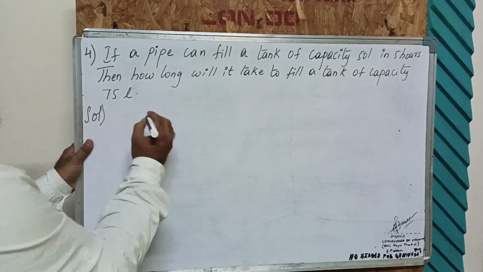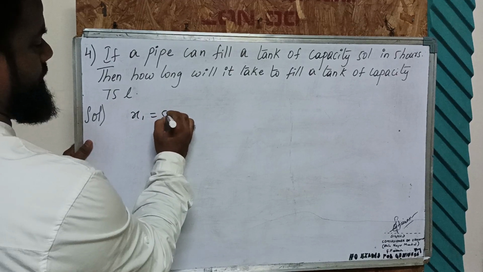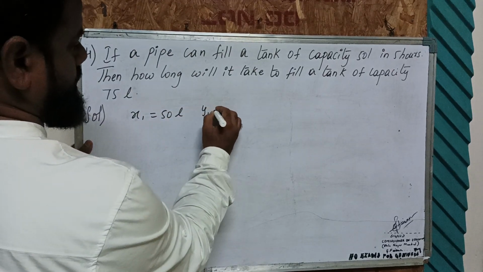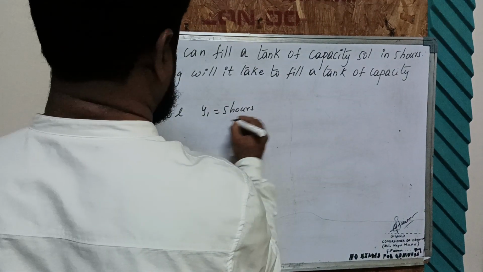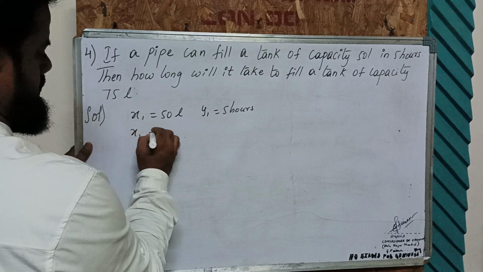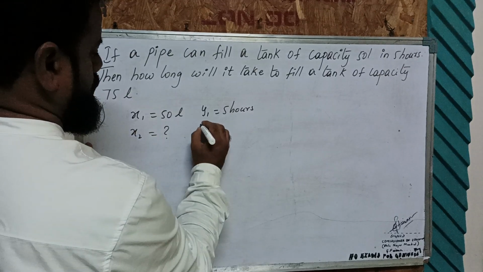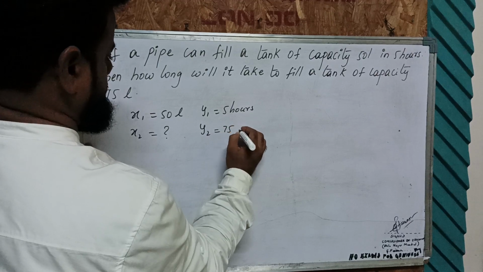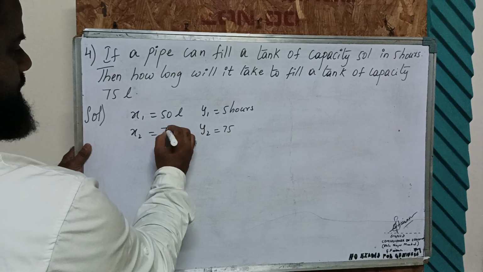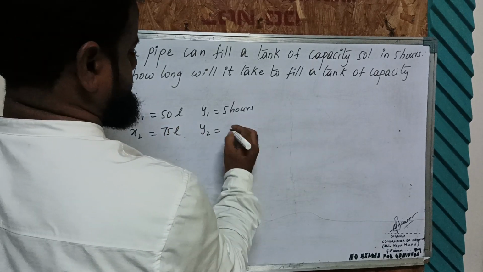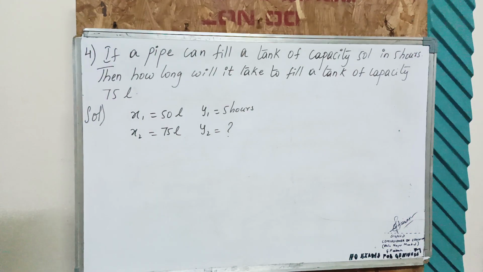So now here x1 is 50 liters, y1 is 5 hours. x2 is given as 75 liters. y2 he is asking us to find, like in how much time it is going to fill a tank of capacity 75 liters.